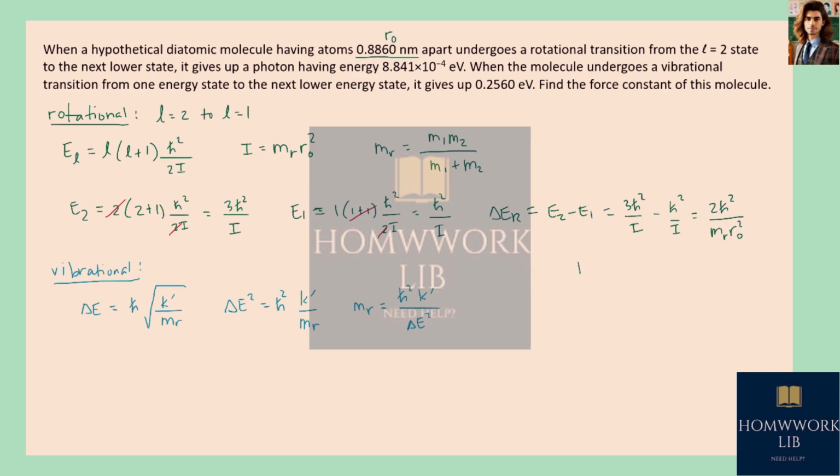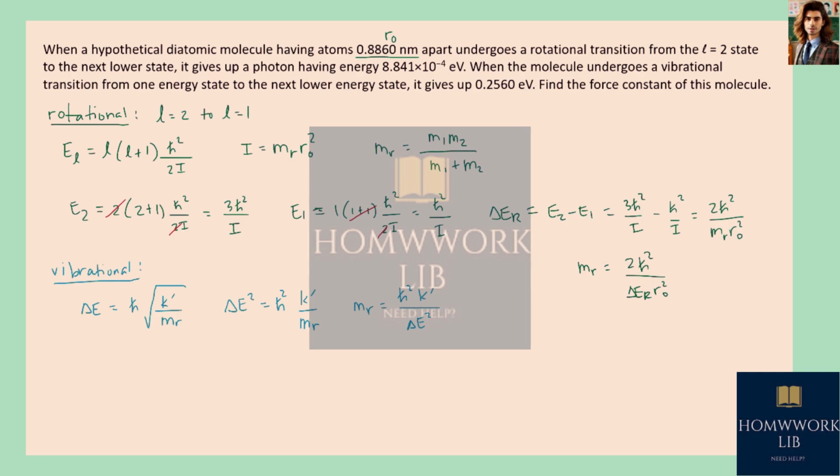And then from our rotational information, mr will be equal to 2 h bar squared divided by delta ER times R naught squared.